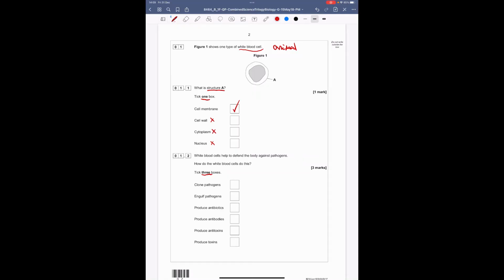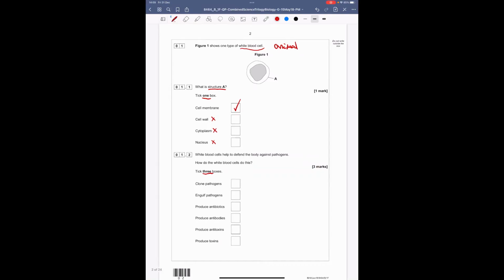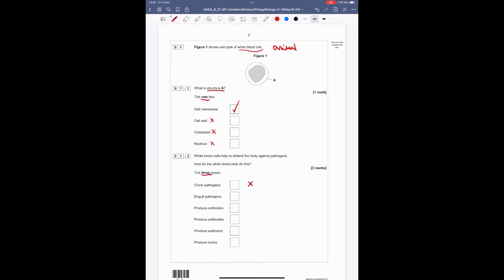So the first one is cloning pathogens. Well, our white blood cells wouldn't want to make more pathogens, so we don't think it's going to be that one. Engulf pathogens, well, that sounds likely because they're going to swallow them up and digest them. Produce antibiotics, well, antibiotics, they're a drug that a doctor provides to kill bacteria.